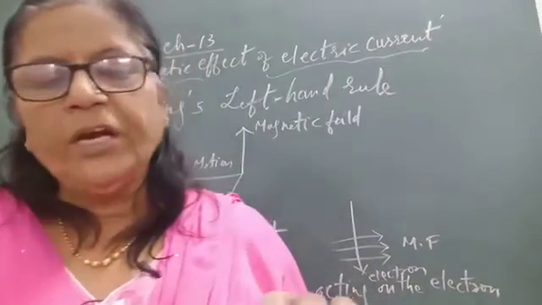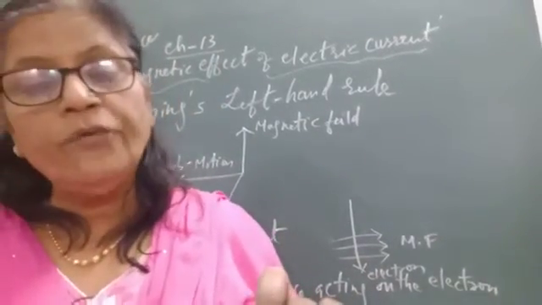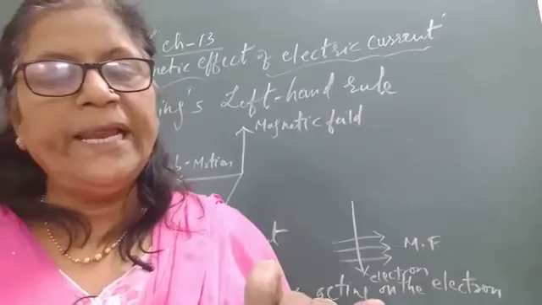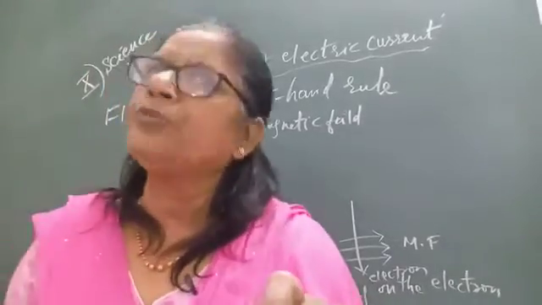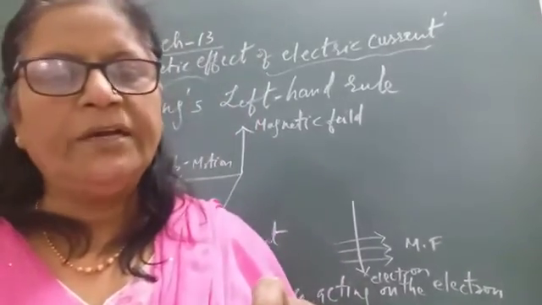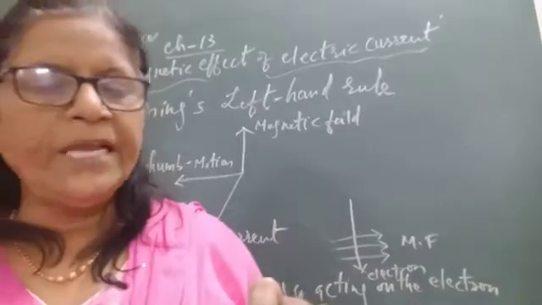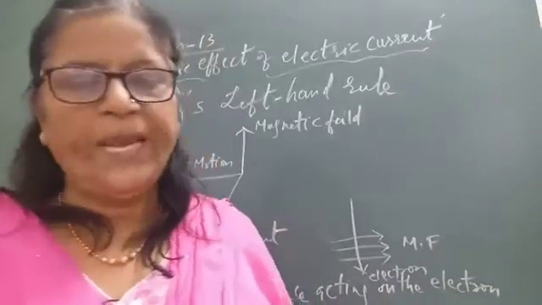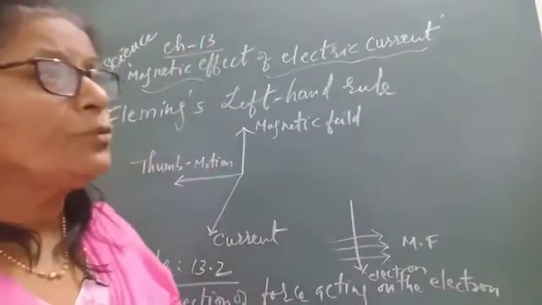So the direction of the force acting on the electron will be, four options are given: A, to the right; B, to the left; C, out of the page; or D, into the page. What will be the correct option?